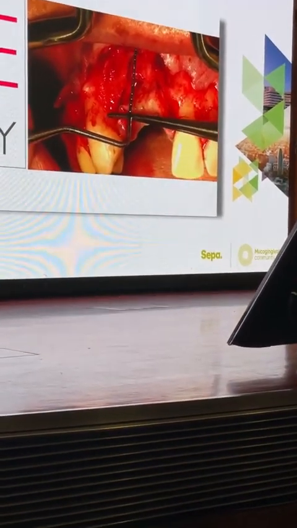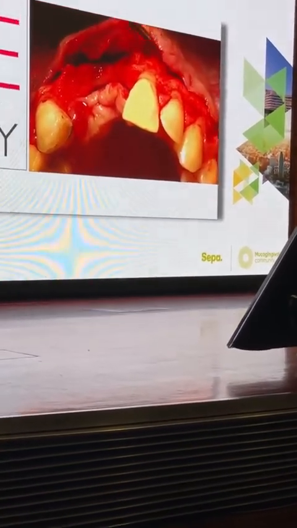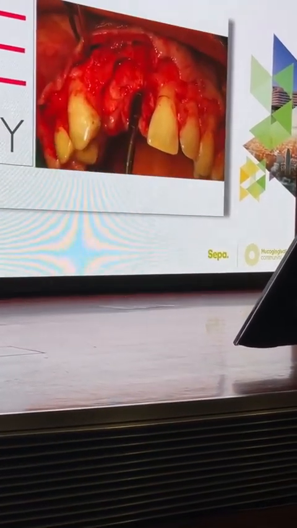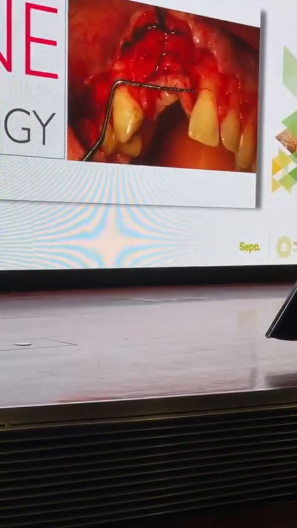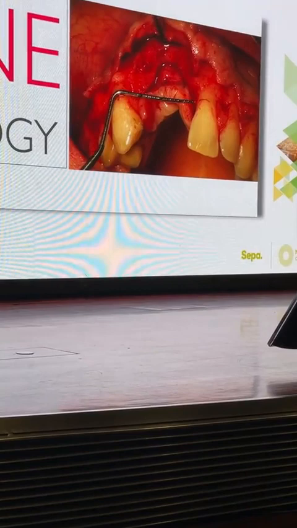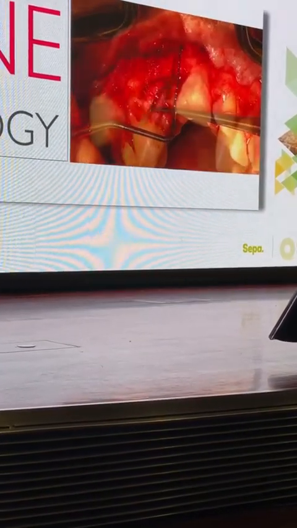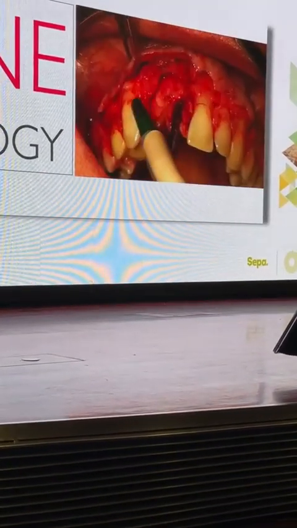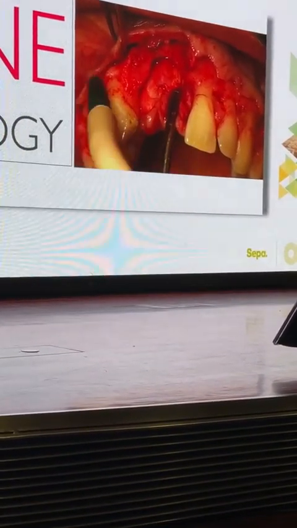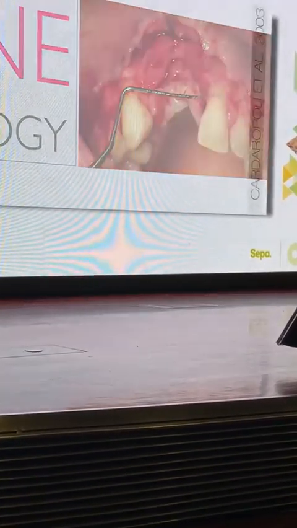So the result, the bone formation, maybe it's hard to hear, but it's not depending on the technique. The technique is just creating a scenario where the biology is going to run. If the scenario is a good scenario, biologically speaking, then the process will run maybe faster, will be more predictable, but the way the bone is going to be formed is an intramembranous ossification.